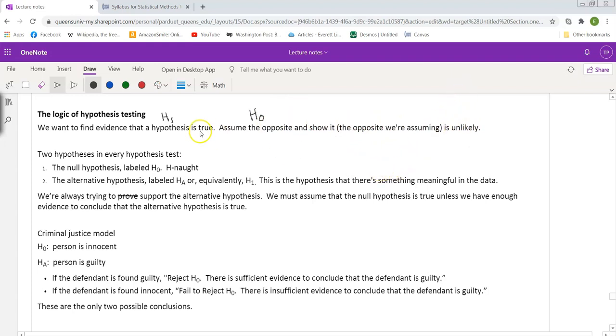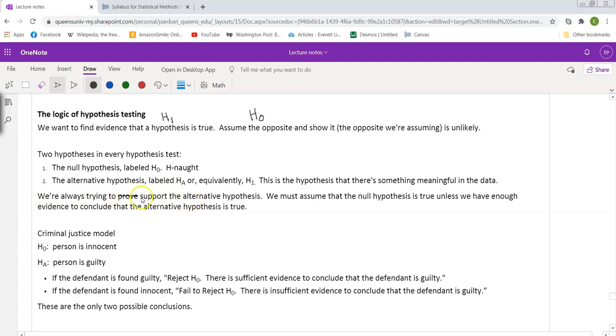Okay? So this is always what we're doing. We want to prove the alternative hypothesis. So we assume H0 and try to see if H0 is unlikely. So, next thing, we are always trying to support or show, demonstrate the alternative hypothesis.